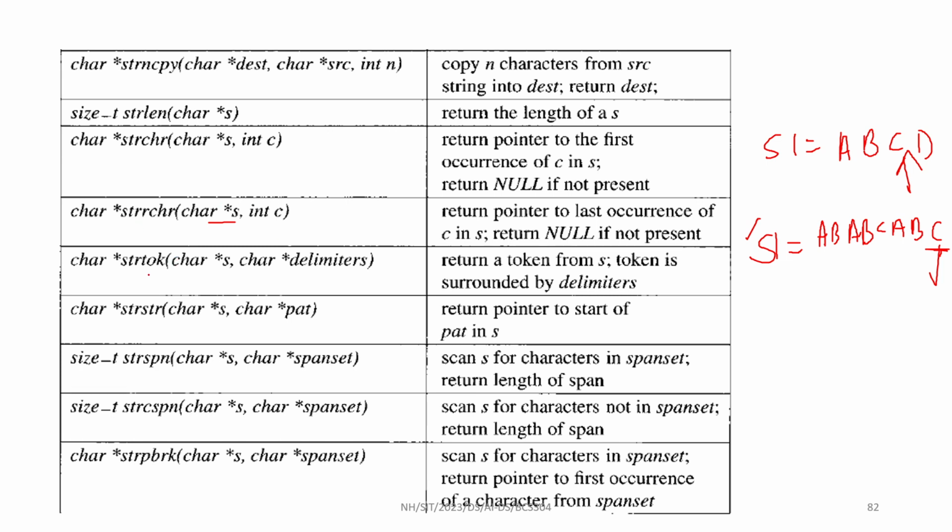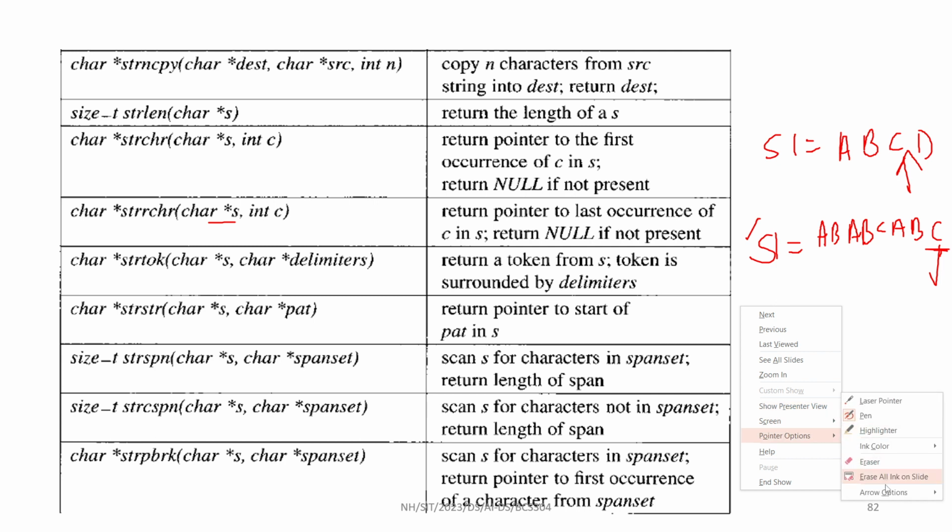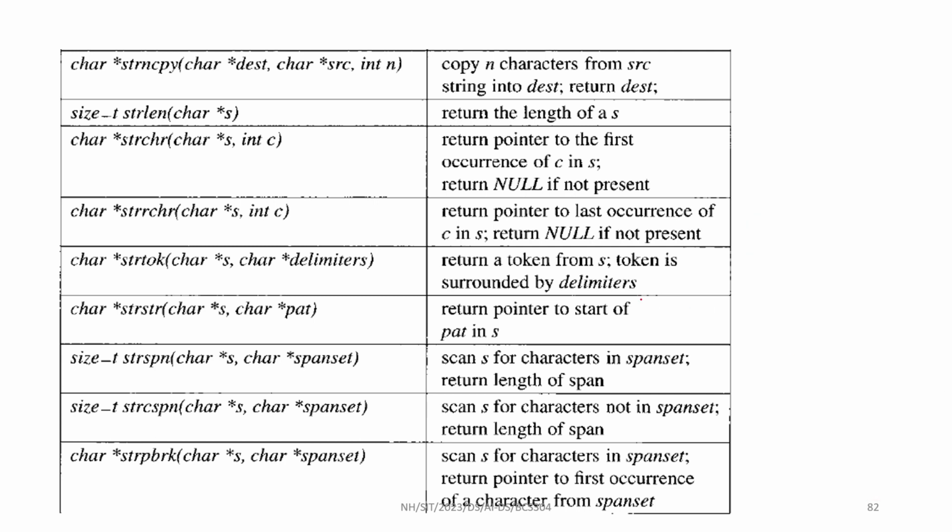Then the string tokenizer. In many applications, we need one word at a time. So you have to break the string into pieces. That piece is called a token. Like in this example, I will take this as my string. This is the first token, the second token, third token, fourth token, fifth token.